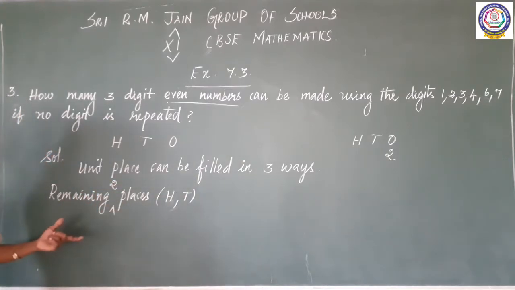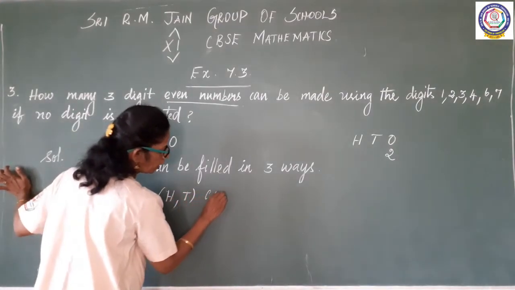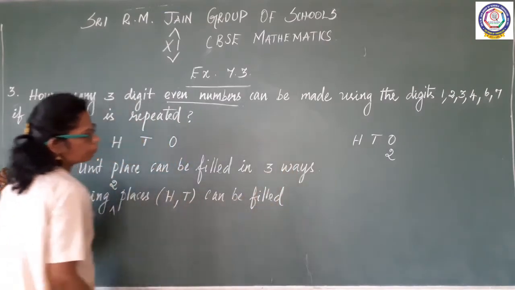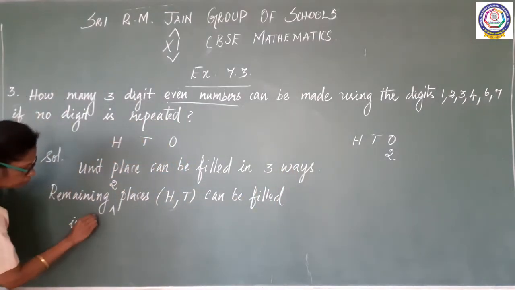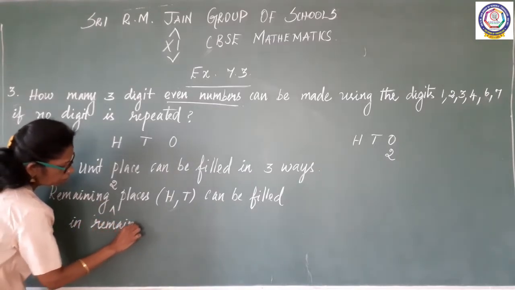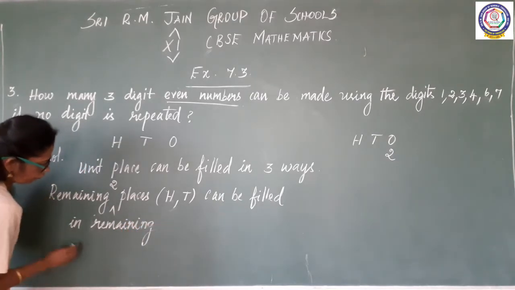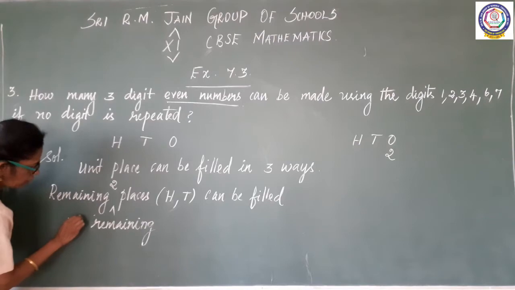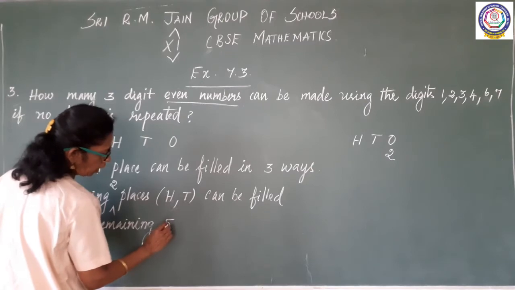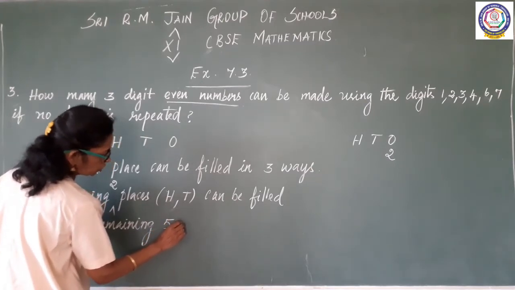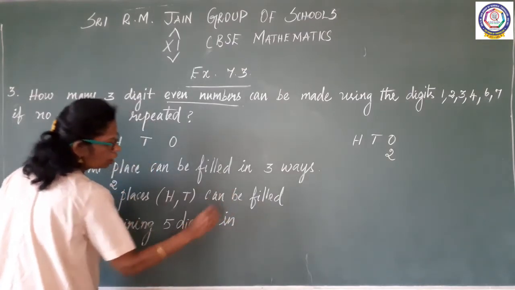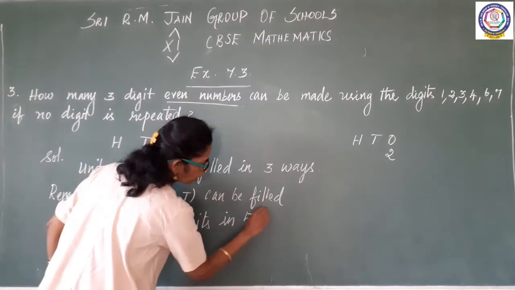The remaining two places, that is hundreds and tens, can be filled with the remaining 5 digits in how many ways? 5P2.